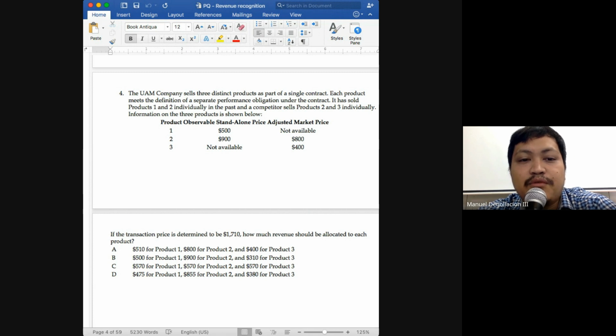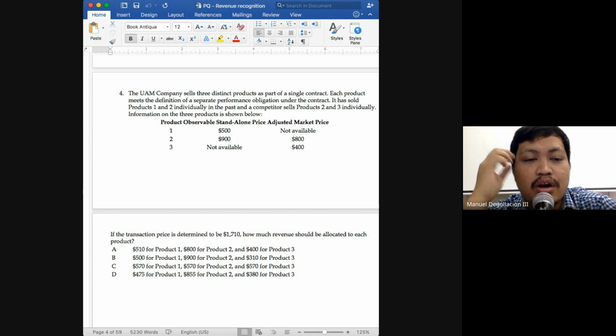Once you have those three, you add them: 500 plus 900 plus 400 will give you a total of 1,800. That would be the total fair value of the 3. We will be using the 1,800 as our denominator, and the numerator for each one of them will just be the respective standalone prices, except for product 3, where we will be using 400.